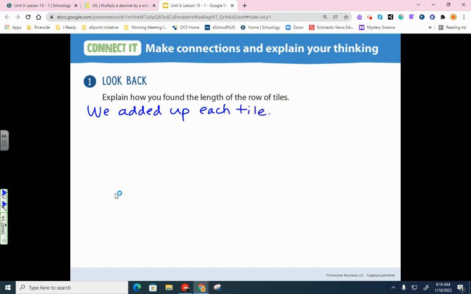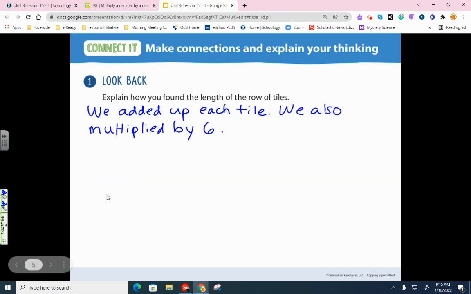We also multiplied by 6. So those are 2 techniques that we use for that. Let's go on to the next.